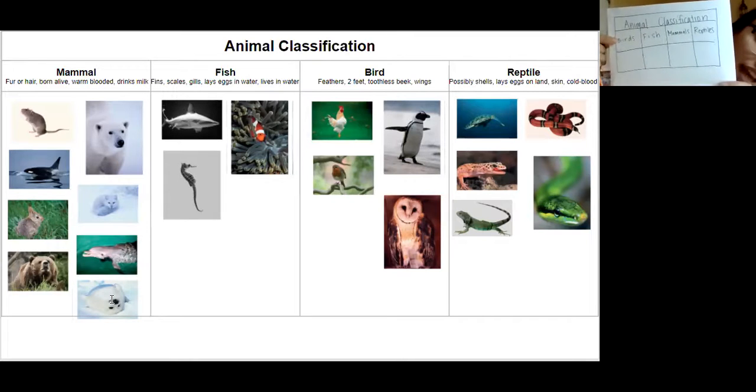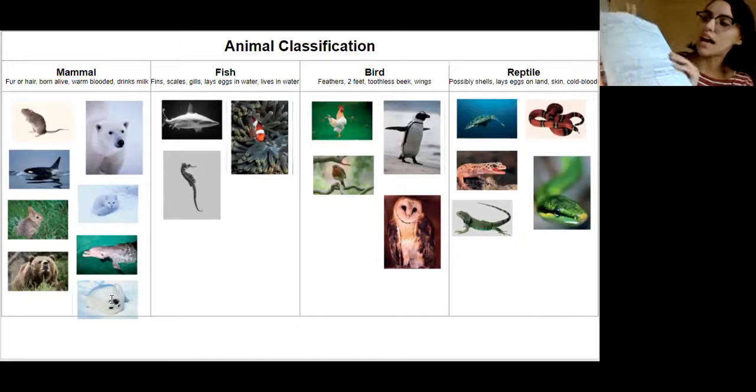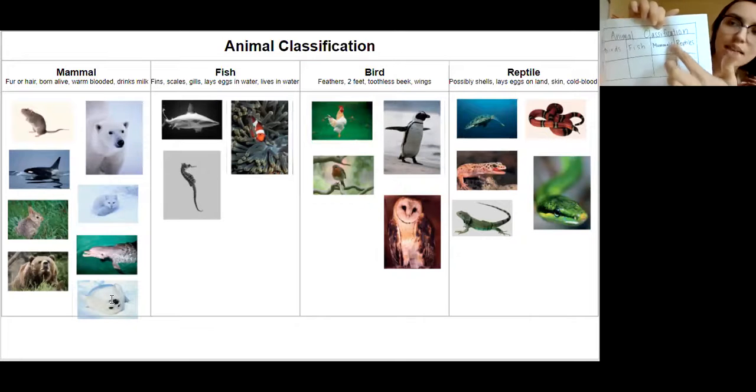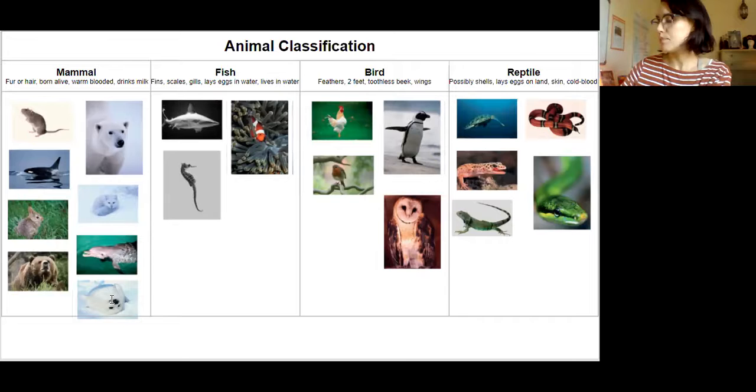Now I'm going to do 8 tally marks to show that I have 8 mammals underneath the section that says mammals, okay? So let me go ahead and stop sharing my computer screen, and I'm going to start sharing our table.